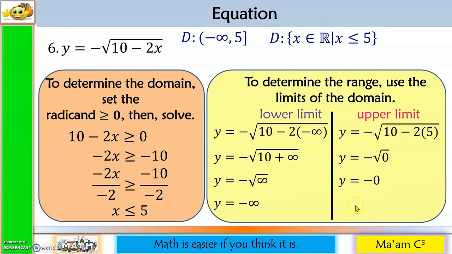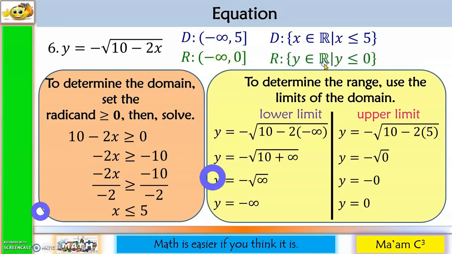So y equals 0. So our lower limit is negative infinity and our upper limit is 0. So from negative infinity to 0. So in interval notation, this will be values of y that are less than or equal to 0.